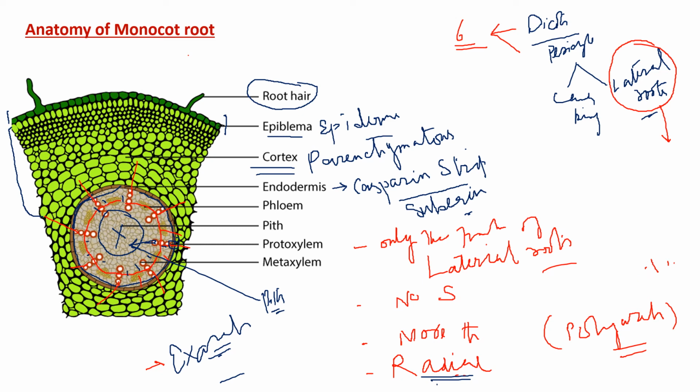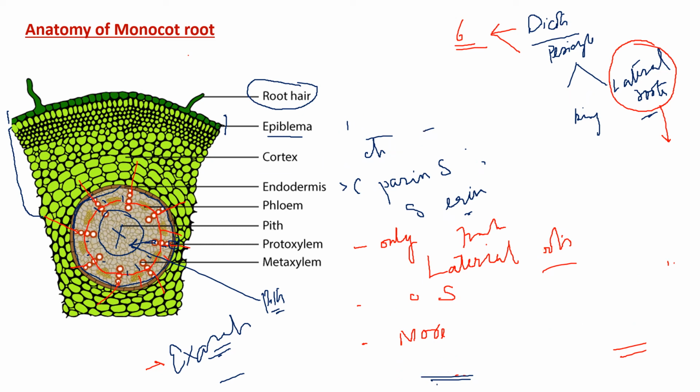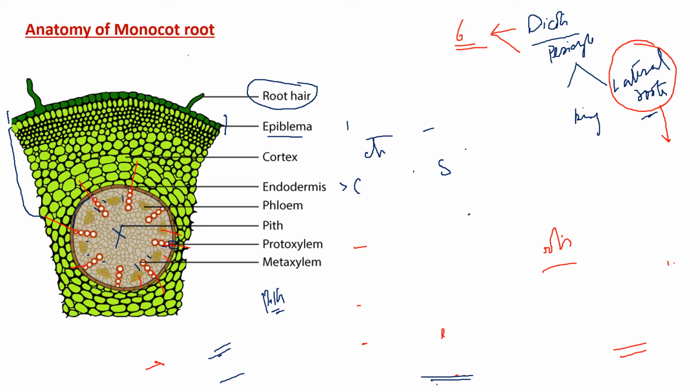So we'll again have a look at the anatomy of the monocot root, just to remember the main points. The outermost layer is the epidermis, and some of the epidermal cells form elongated unicellular root hairs which help in the absorption of the water, followed by a multi-layered cortex consisting of parenchymatous cells.